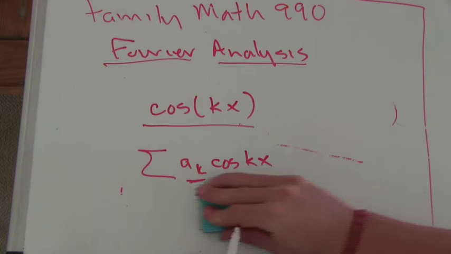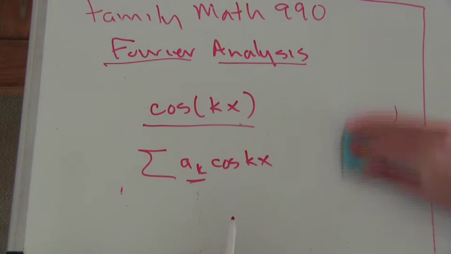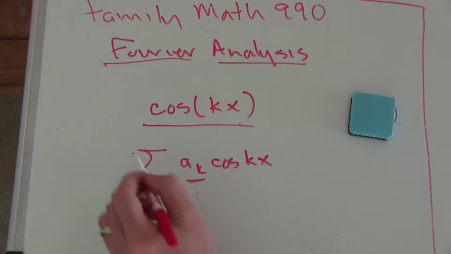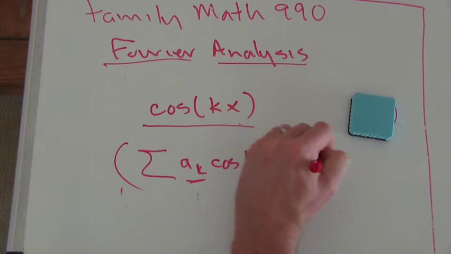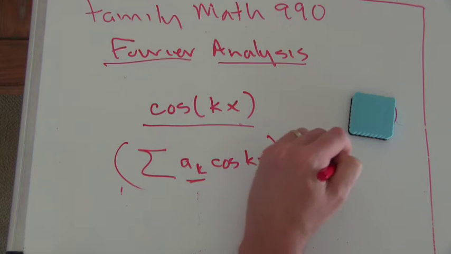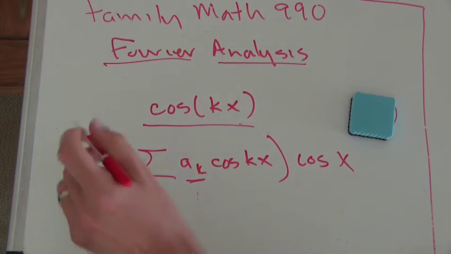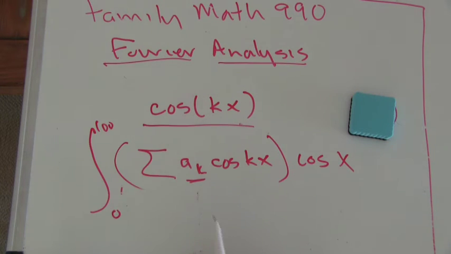The neat thing we can do is, much like we took the determinant and zeros magically appeared, we can multiply this by cosine of x, and then integrate it over the full length of our signal from, let's say, 0 to 100 or whatever.